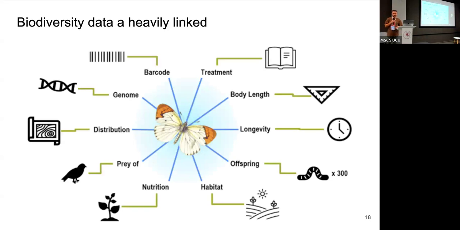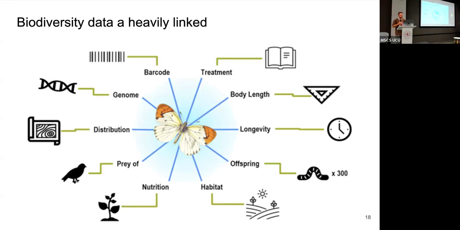And the third part of this problem is that biodiversity data are heavily linked. They don't exist on their own in a vacuum. Some fact of species occurrence actually links with a whole lot of related pieces of information. Information about biological interactions with other organisms.